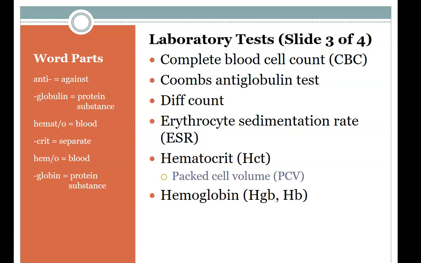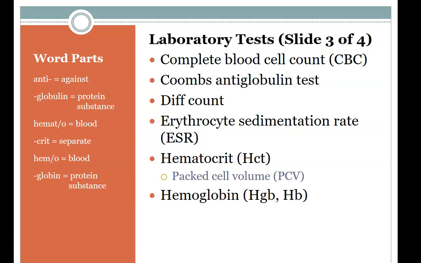A Coombs antiglobulin test is a blood test to diagnose hemolytic disease of the newborn, HDN, acquired hemolytic anemias, or a transfusion reaction. A diff count is a measure of the number of different types of WBCs.